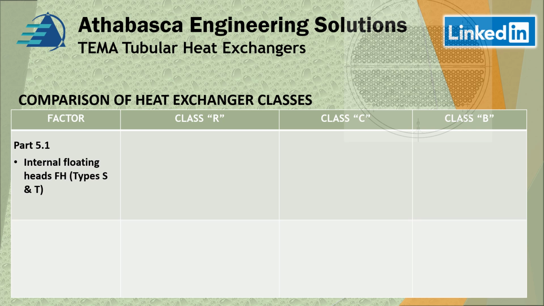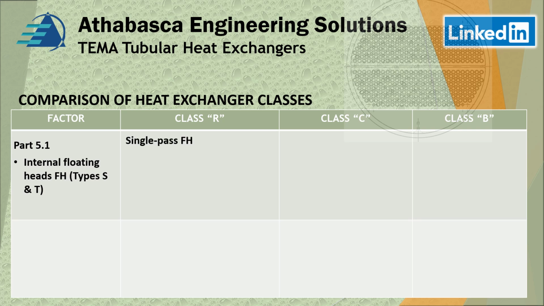RCB 5, floating end construction, in particular 5.1, internal floating heads types S and T. There are distinctions made between Class R units and Class B units.